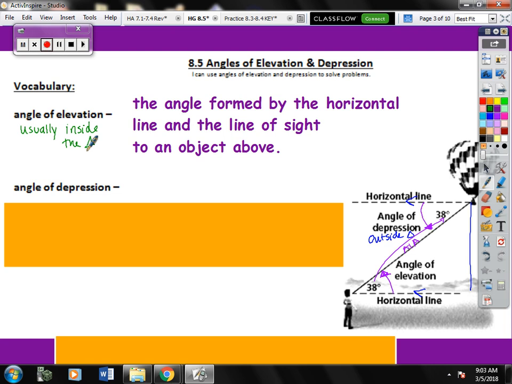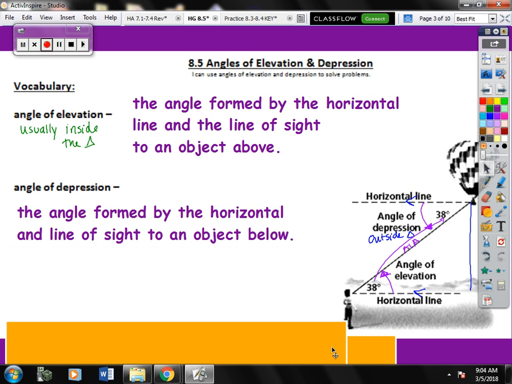Usually inside the triangle. The angle of depression is the angle formed by a horizontal line and the line of sight to an object below. You might want to jot down that this one is usually outside.